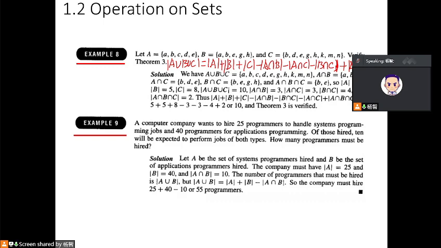So first, the cardinality of A is equal to 5. The cardinality of B is also equal to 5, and the cardinality of C is equal to 8.